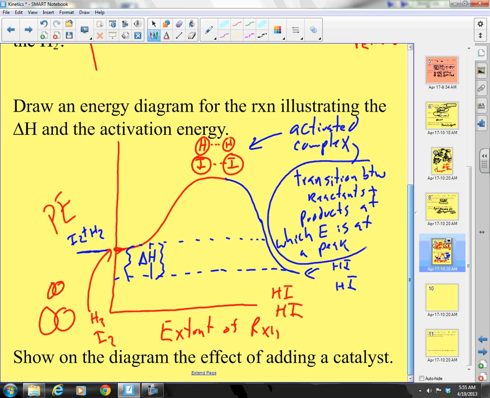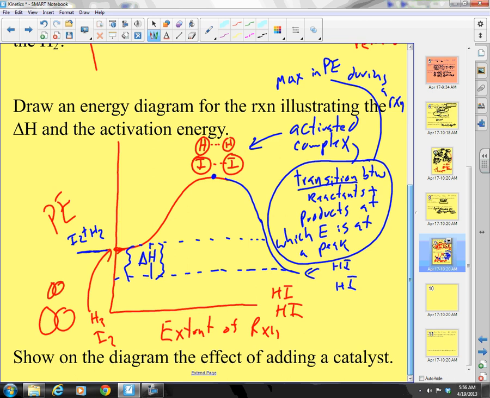The activated complex represents the maximum in potential energy during a reaction. And it's a transitory state. That means it doesn't stay there permanently. So right here is my activated complex. It's the maximum energy. Look at it, it's the highest point on my energy diagram.